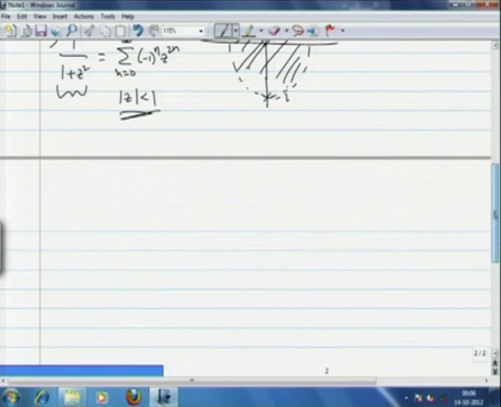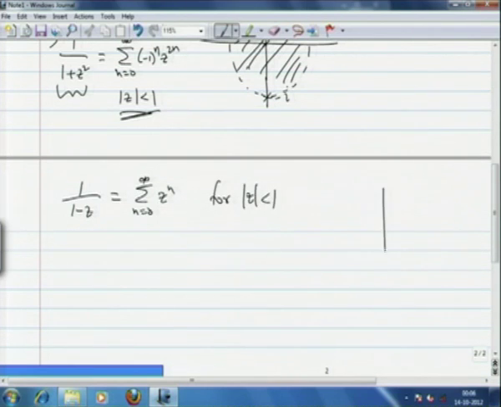Earlier, we considered the function 1 by 1 minus z, which is equal to sigma z power n, n equals 0 through infinity, for modulus of z less than 1. All right, there is a pole at 1, and so this expansion has to stop there. Okay. But what we can do is, of course, it is analytic elsewhere. So, it is analytic everywhere other than at the point 1 on the complex plane.